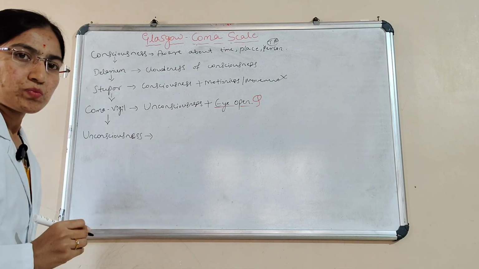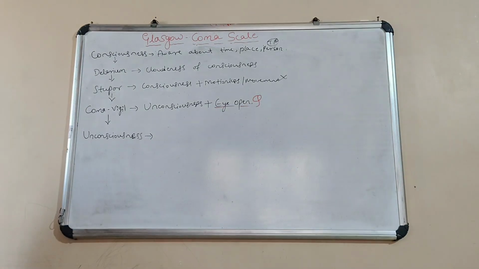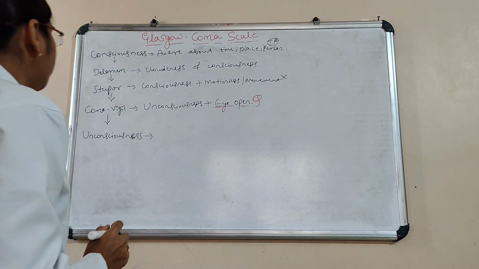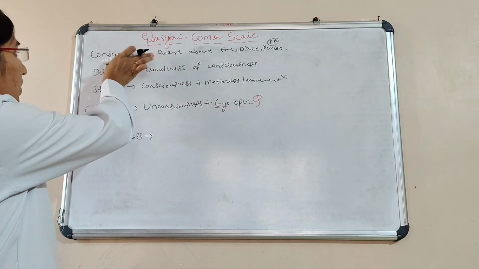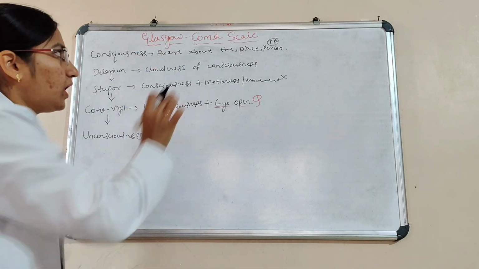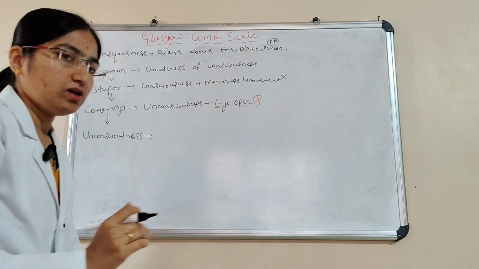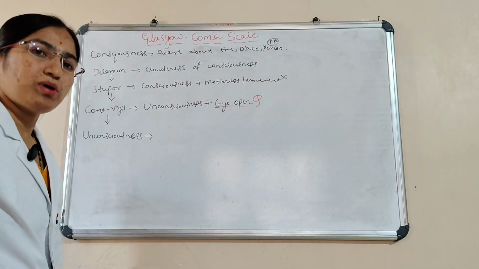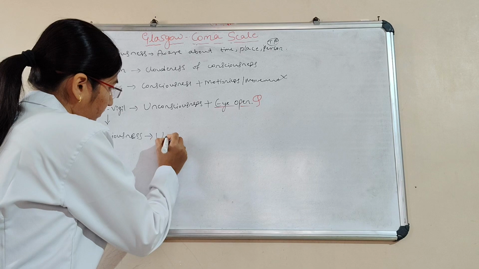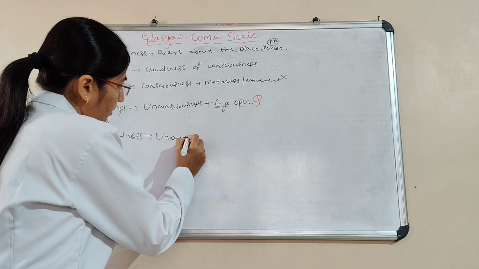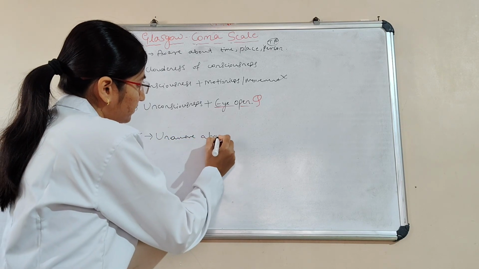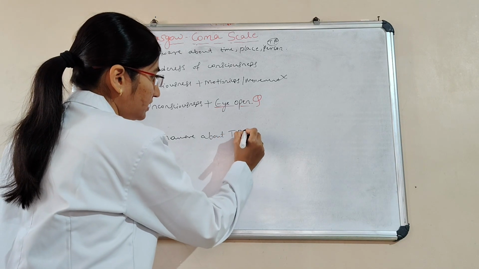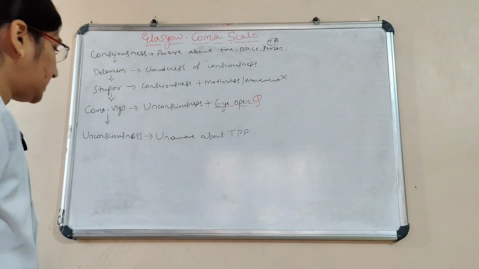Then comes unconsciousness. Consciousness means aware about time, place and person; unconsciousness means unaware about time, place and person.